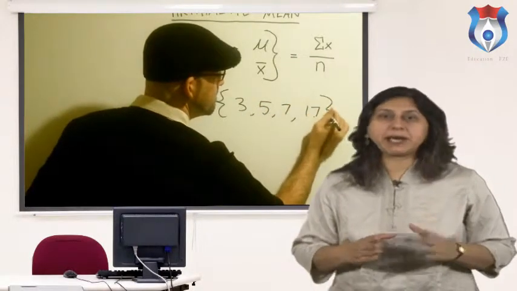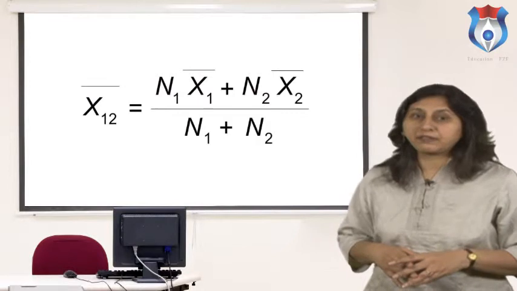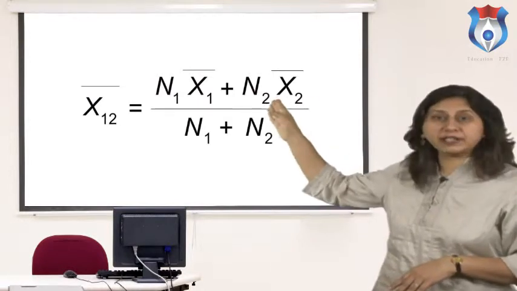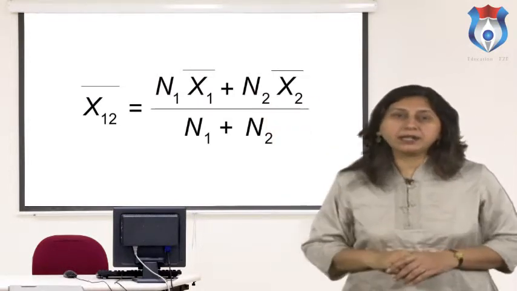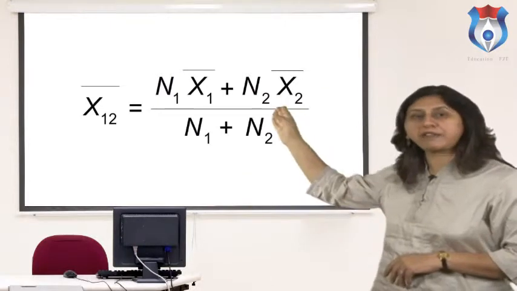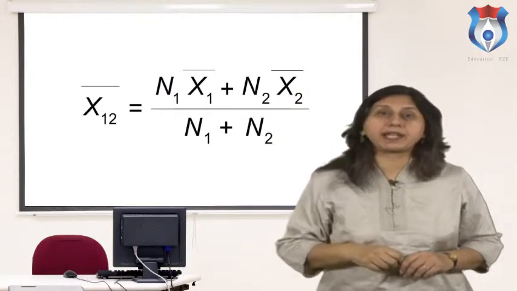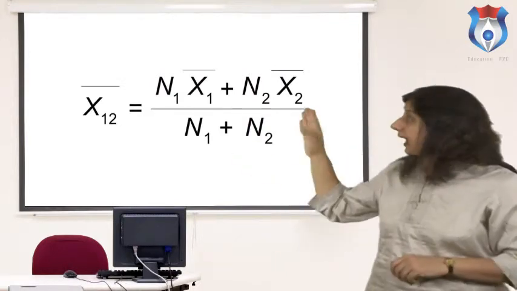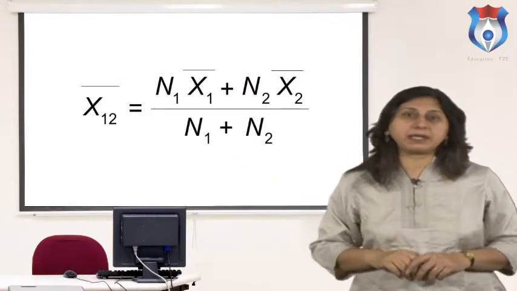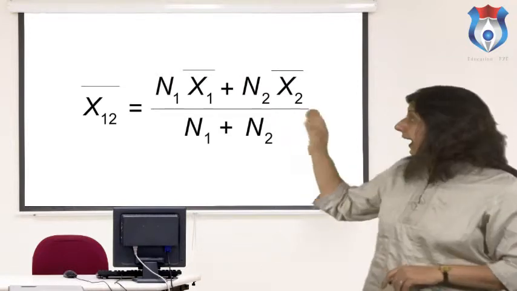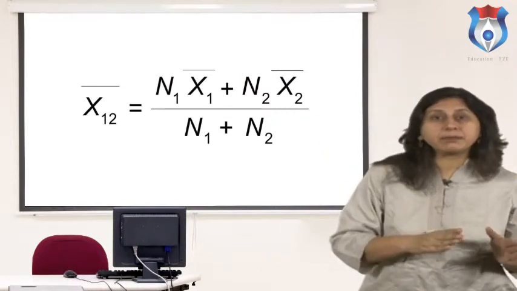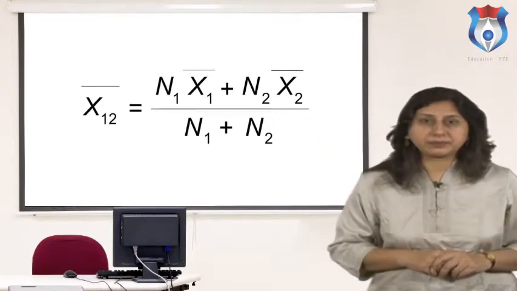Combined mean is given by this, where x12 is equal to combined mean, n1 is equal to number of items of the first group, n2 is equal to number of items of the second group, x1 is equal to arithmetic mean of the first group, x2 is equal to arithmetic mean of the second group.